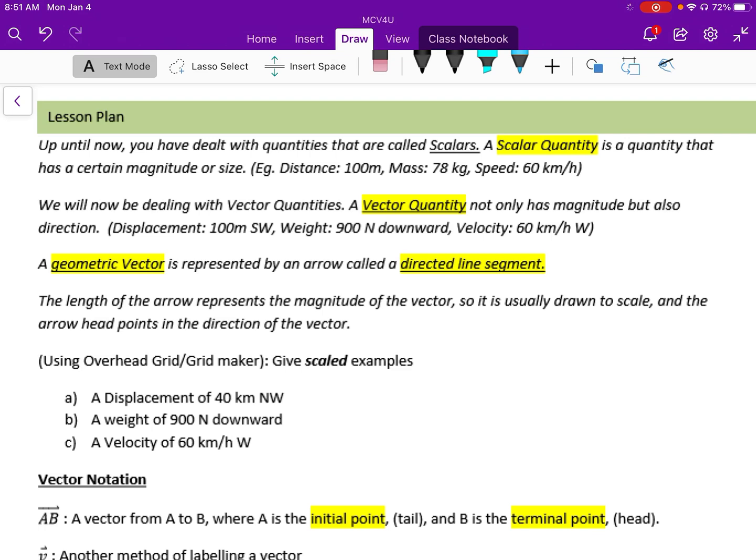They have a size, right? We talk about the distance, 100 meters, or the mass of 78 kilograms, or we use pounds or whatever. It's just a simple quantity without a direction. When we start adding a direction, that's when we start getting into our vector quantities, and that's where we're going to be looking and starting out today.